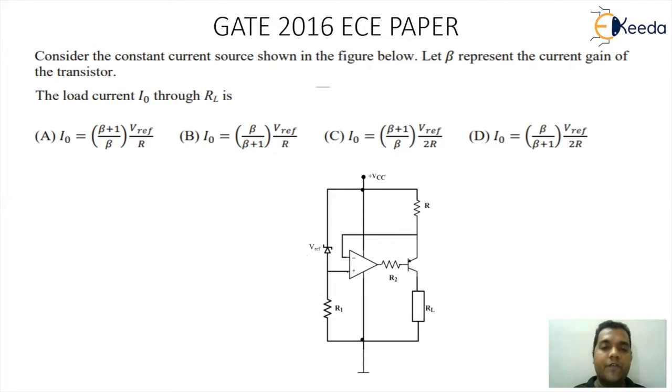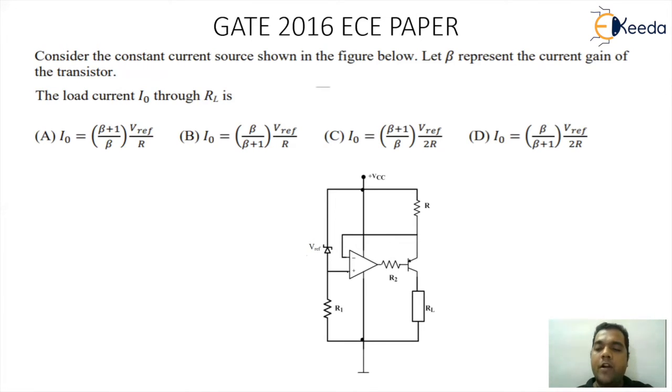So here, if you observe the diagram carefully, the Zener reference voltage is between the VCC and the plus pin of the op-amp. For the op-amp, we can say that the V plus pin is going to be equal to the V minus pin, because the non-inverting potential will be equal to the inverting potential, owing to the property of the op-amp that the internal resistance is very, very high and the current inside the op-amp is as good as 0.